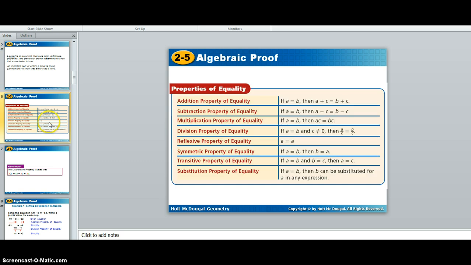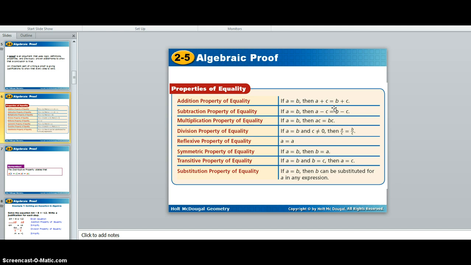Here's a list of properties of equality, and these are properties we use to solve equations all the time. The first one is the addition property of equality. If you know A equals B, and you add the same number to both sides, then it has to stay equal.